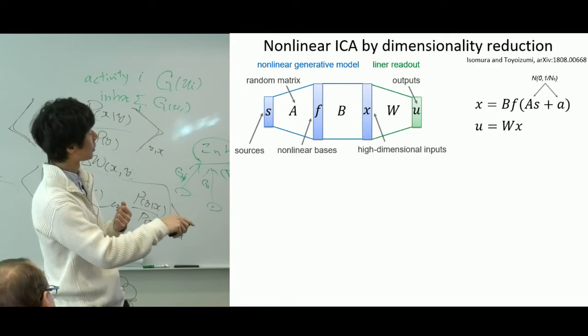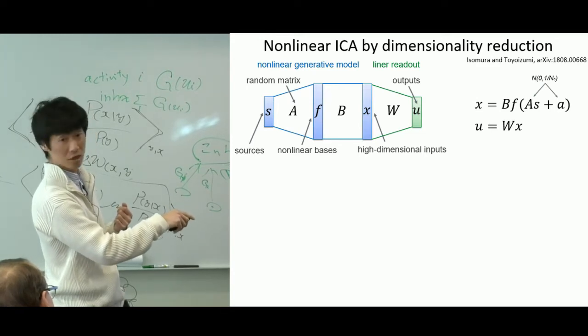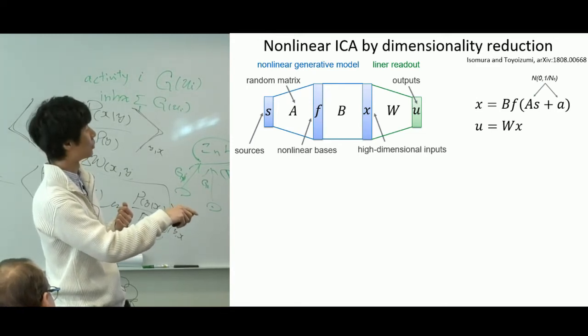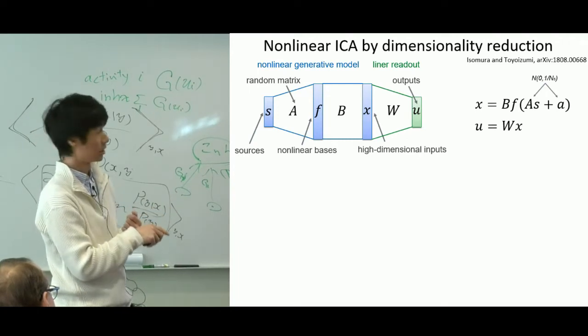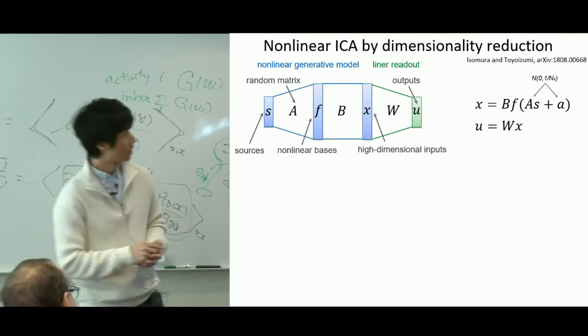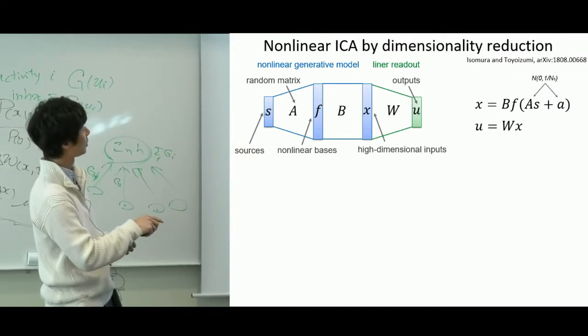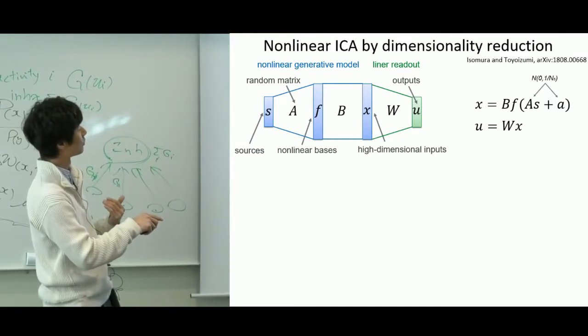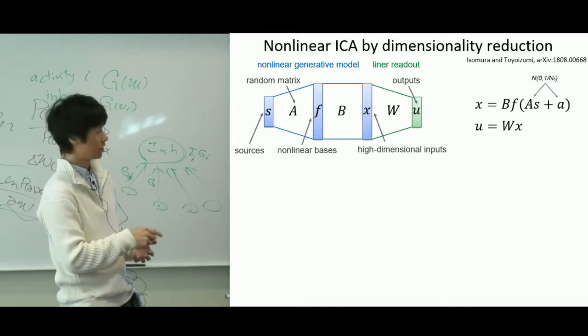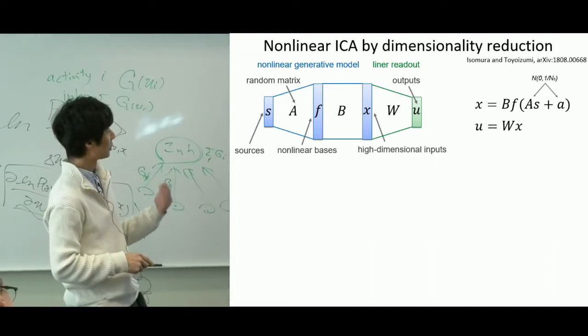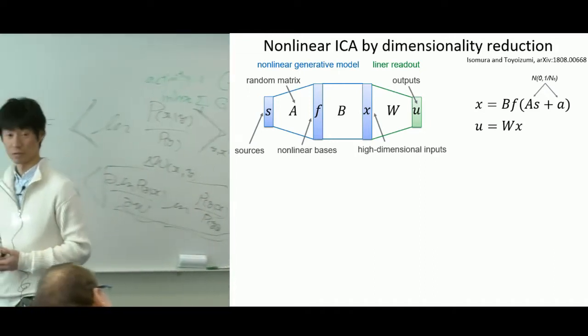What the neural network does is a simple linear mapping from the input to the output. And the question is, if you perform PCA and ICA as a conversion from input to output, can it retrieve the independent sources?